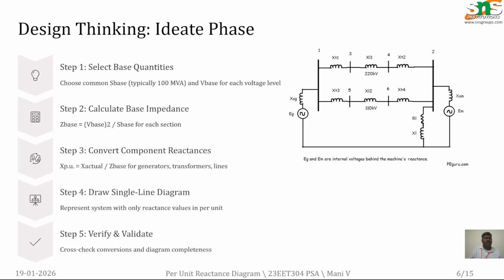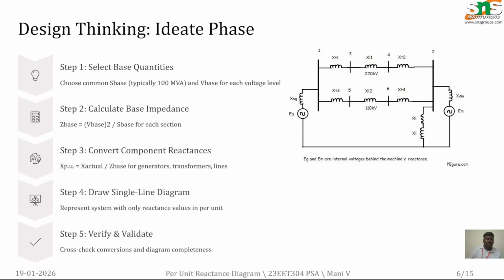In step three, we convert the component reactances, like the generator, transformer, transmission line, and loads. With the help of the equivalent circuit of each power system component, we convert it into a reactance component, which should not contain any resistive value.